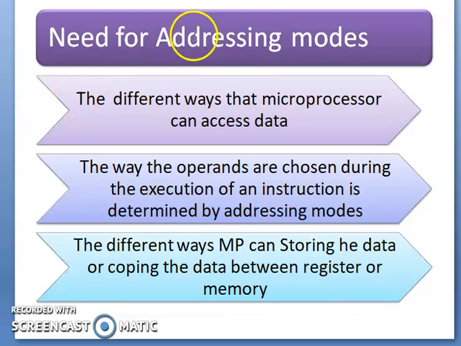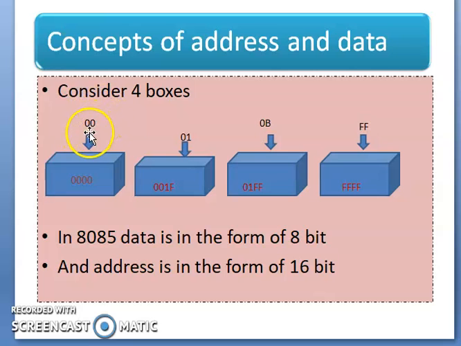And now we consider the need for addressing modes. Whenever we want to fetch a data for processing, we can call the data directly from the box, or we can call it from the address.